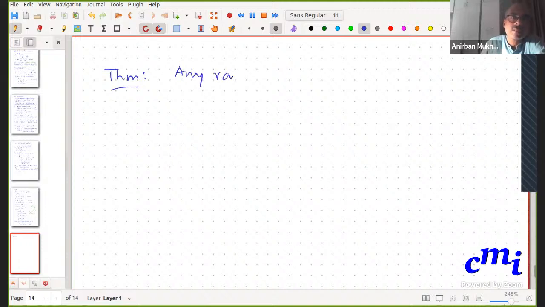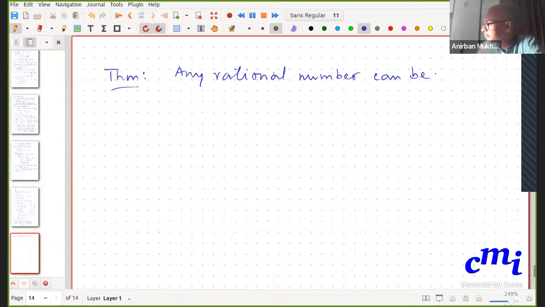Any rational number can be represented. In fact, we also know some amount of uniqueness. If you do not allow the last entry to be 1, then it's unique.